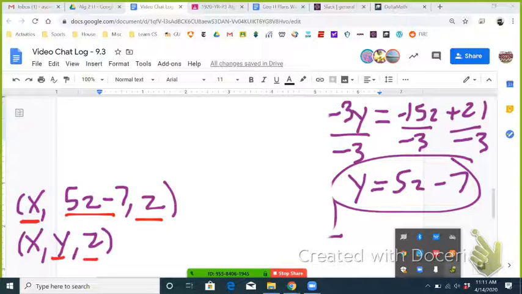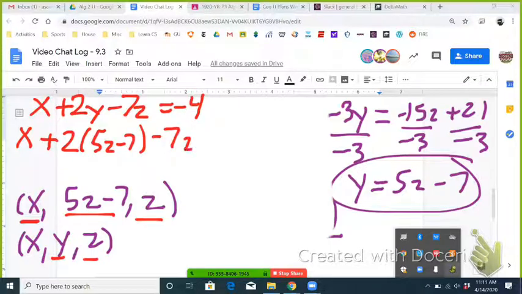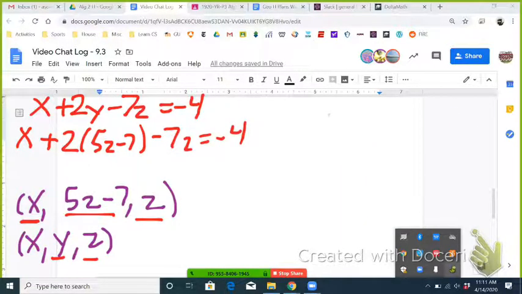So if I take the top equation in 37, which was x plus 2y minus 7z equals -4, and then replace y with 5z minus 7, and then leave 7z as it is, now I can solve for x, get x alone. So I get x plus 10z minus 14 minus 7z equals -4.